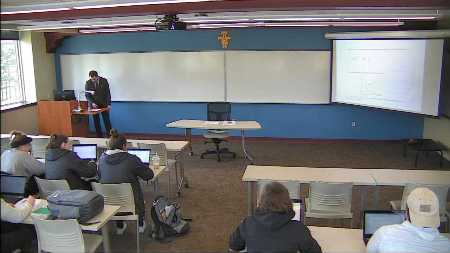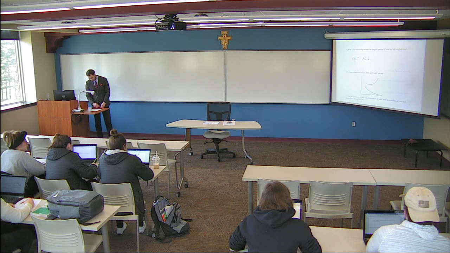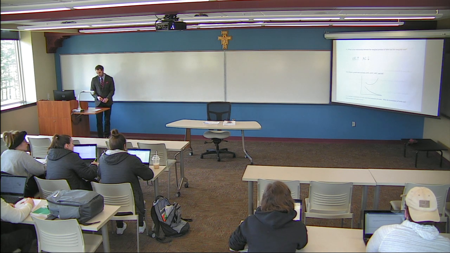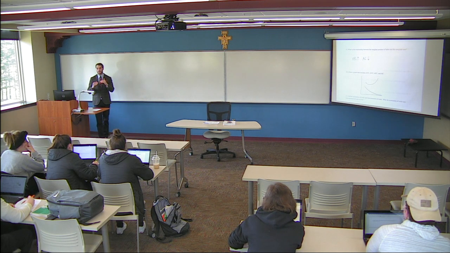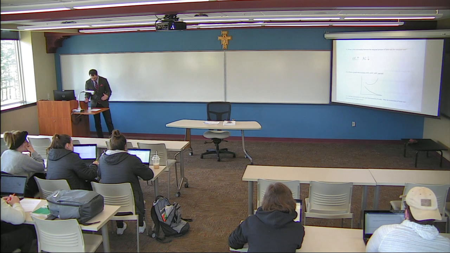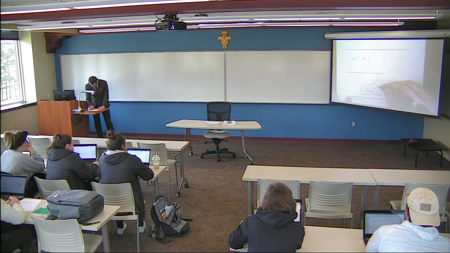Average variable cost is going to be, yeah, that's why I should have done average total cost last. Average variable cost plus average fixed cost is going to equal average total cost. That's the sum of those two. So it's going to be the same base, kind of like the basic shape.